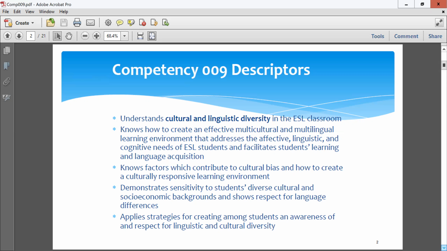Demonstrating sensitivity to students' diverse cultural and socioeconomic backgrounds and showing respect for language differences. This is important too, obviously, and it really helps that effective domain. When you do this, children feel valued and welcome. Applying strategies for creating among students an awareness and respect for linguistic and cultural diversity. So encouraging your class to also be that way with one another.